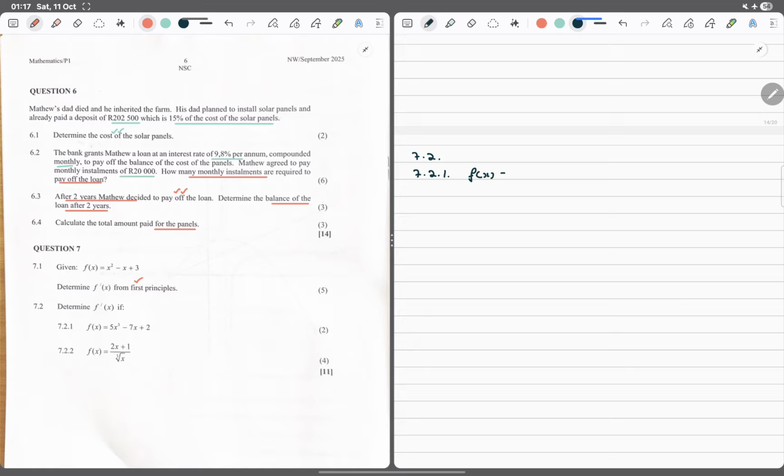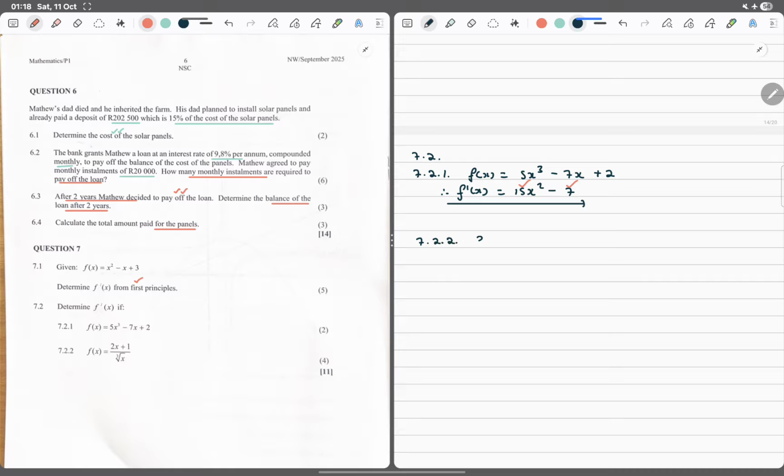So if we've got f of x is equal to 5x cubed minus 7x plus 2, we know that the first derivative is going to be 3 by 5 is 15x squared minus 7. It's done. So obviously we get a mark for those derivatives. Nice and easy.